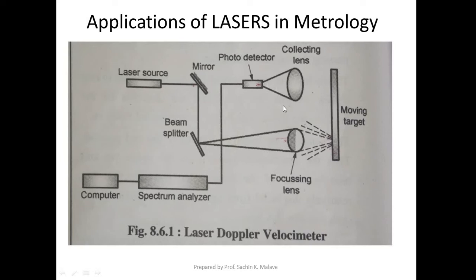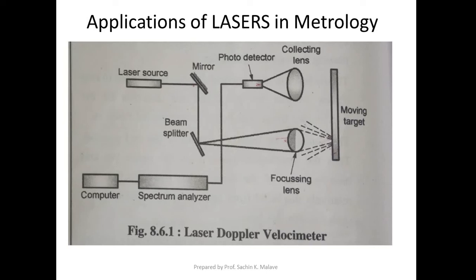Now the time taken by a particle to move from one fringe to another is used to measure the velocity of the moving object. The spectrum that we get will be analyzed by the computer, and with the help of this spectrum analyzer we can easily find out the velocity of that particular component.